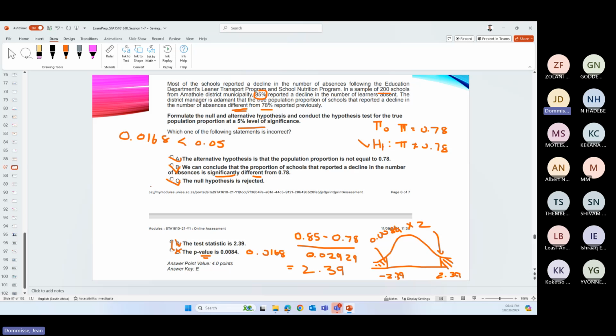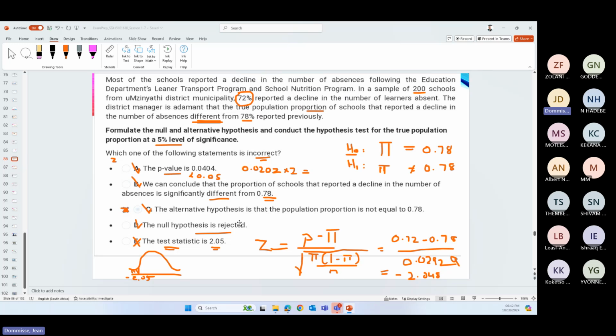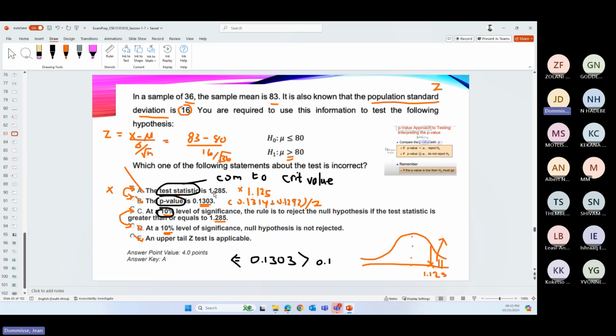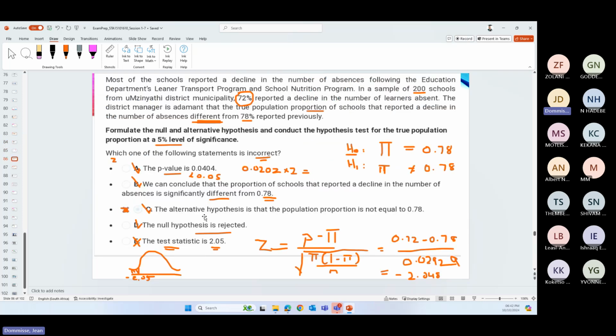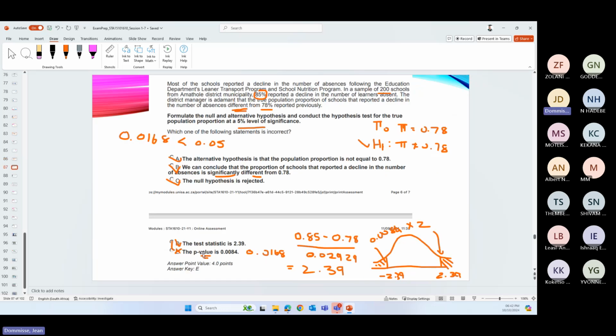And what I've seen with these types of questions, when the test statistic is wrong, it's normally just wrong by swapping of the numbers sometimes, like 1,285, so it's something very close to that one, or it refers to the negative or the positive, or it will be the p-value, where they give you a two-tail and you want a one-tail, or they sometimes give you the one-tail and you want the two-tail.